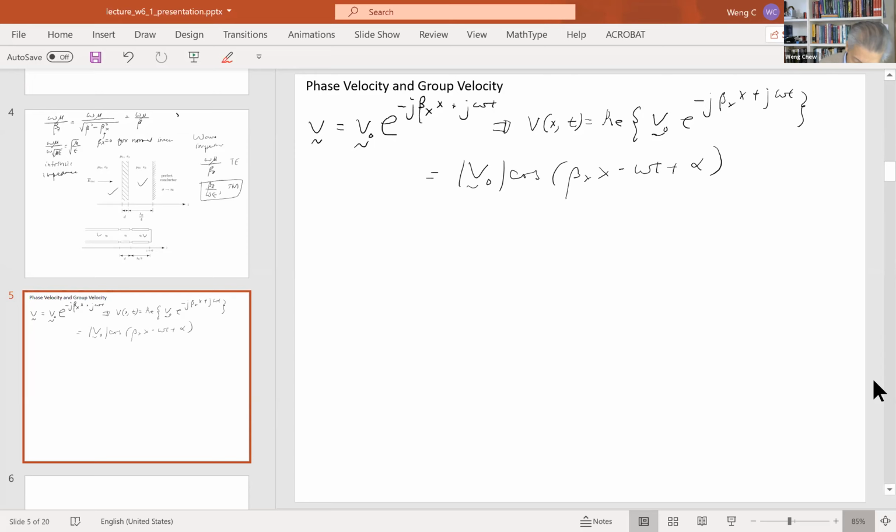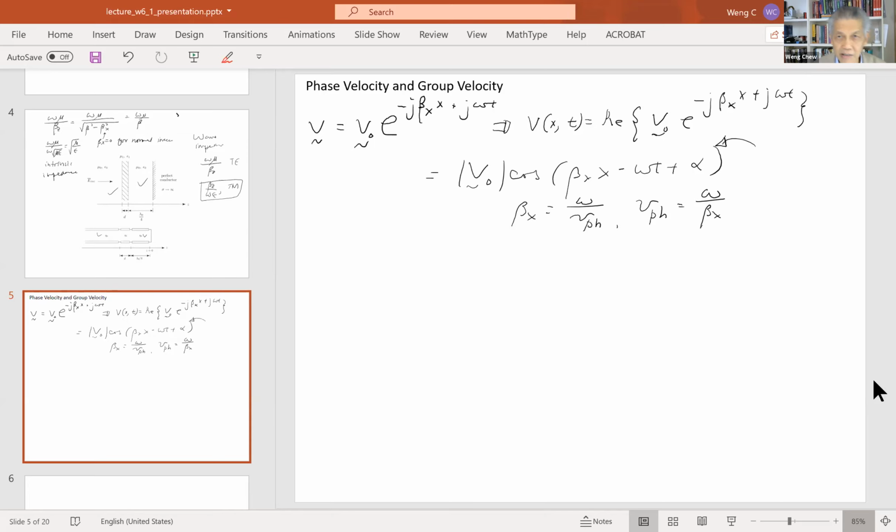And you can see that beta x is related to the phase velocity, so beta x is omega over v phase, or you can also say that this will be a function traveling with a phase velocity, which is omega over beta x. So it's quite easy to see what the phase velocity is. It is related to beta x when you convert this back to the time domain, and you can see that this is the traveling wave.